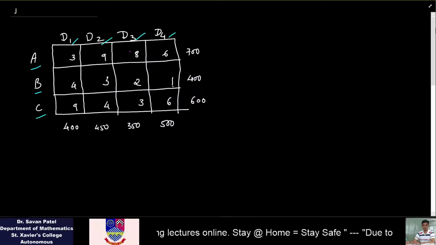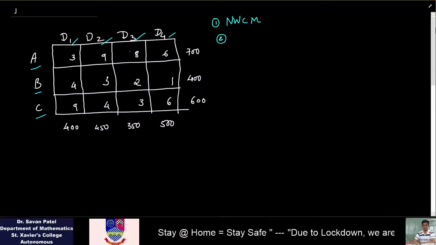Now we first want to find the initial basic feasible solution via the northwest corner method. Then we will go for the stepping stone method to reach the optimal solution.